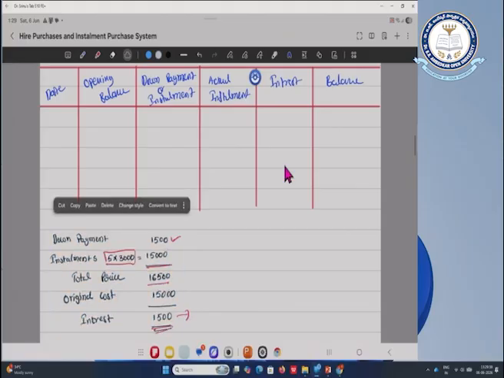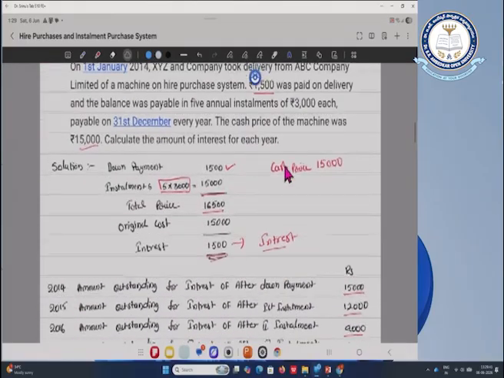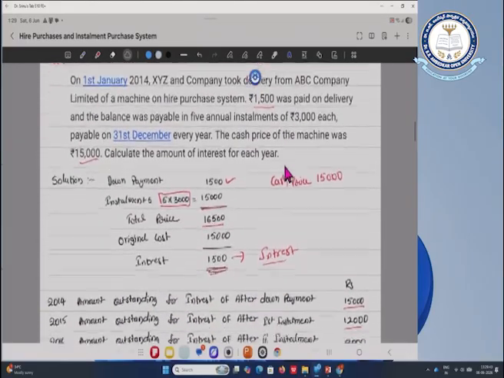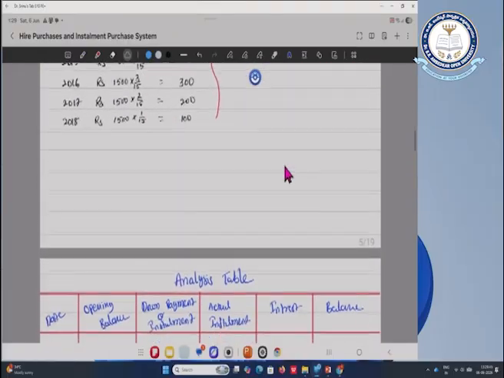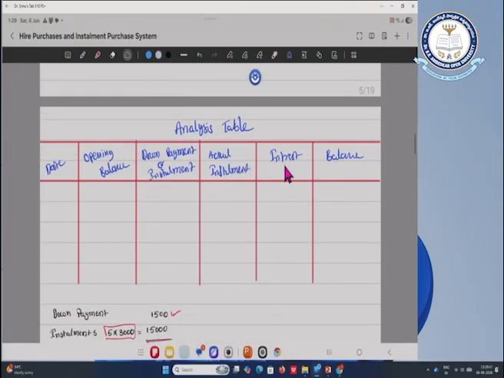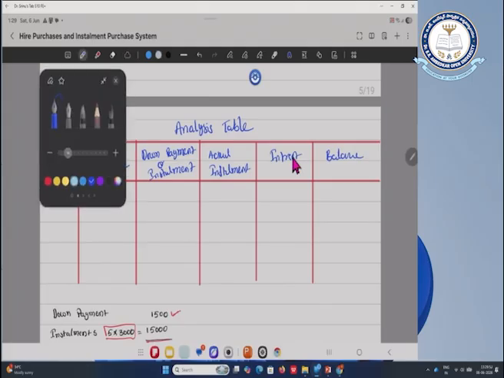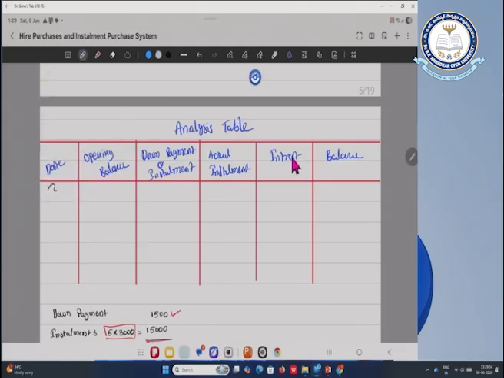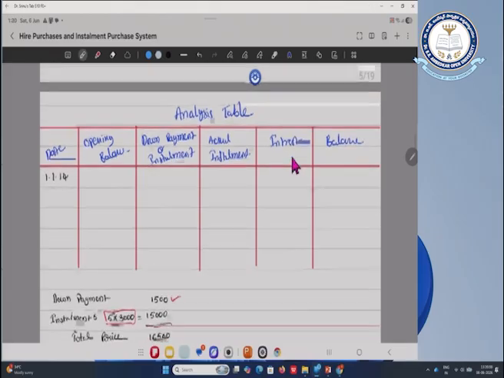What is the date? January 1st 2014 onwards. So, the opening date is January 1st 2014. The balance, the machine cost, is how much? 15,000 rupees.